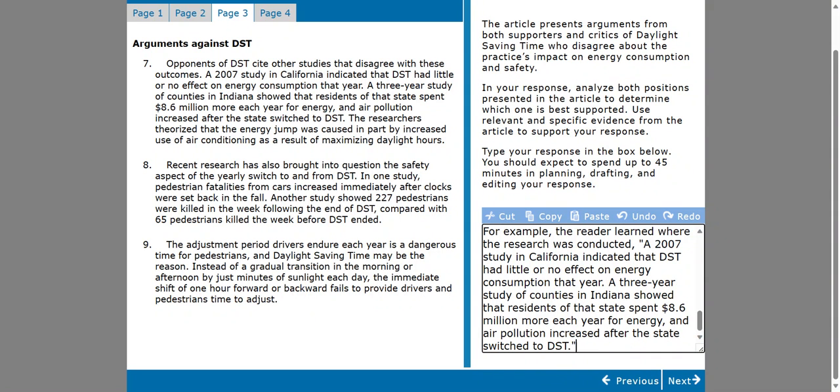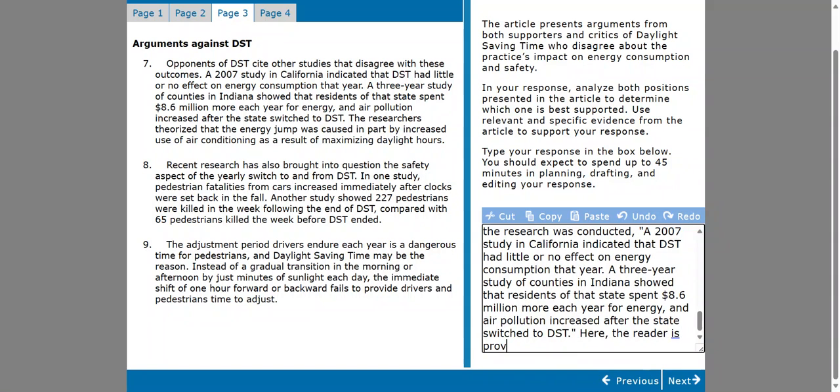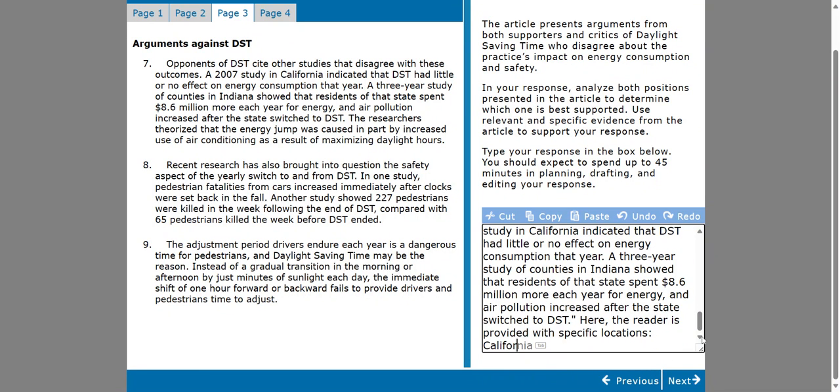And so I could say something like, the reader is provided with specific locations, California and Indiana. And now I can move on to paragraph 8, writers.